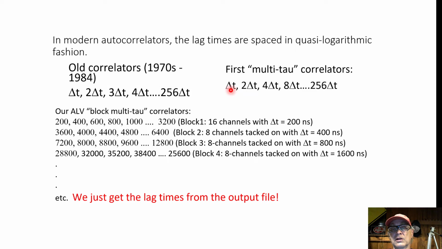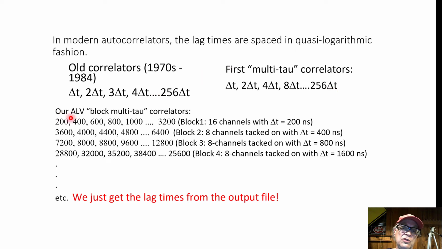What you really want is delta T, 2 delta T, 4 delta T, 8 delta T, up to 256 delta T, and so forth. Because of the exponential growth in the lag time, you can build a simpler machine that covers an enormously wide range of lag times, literally 10 decades of time, maybe more.